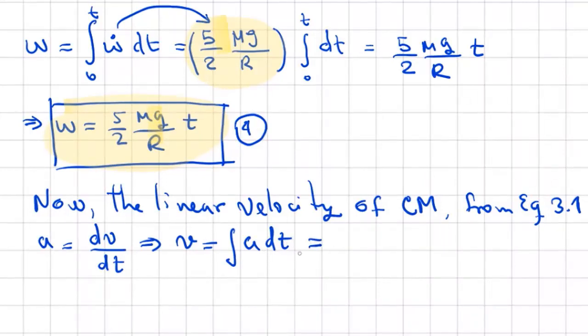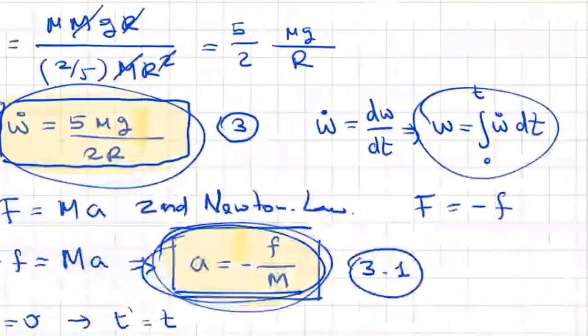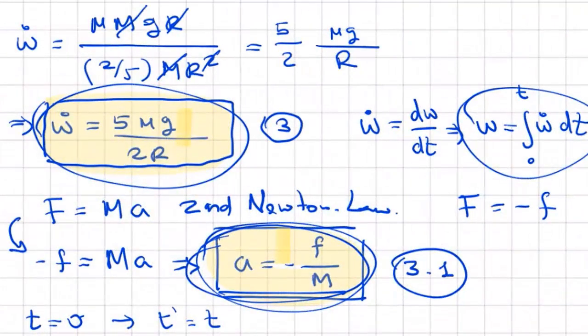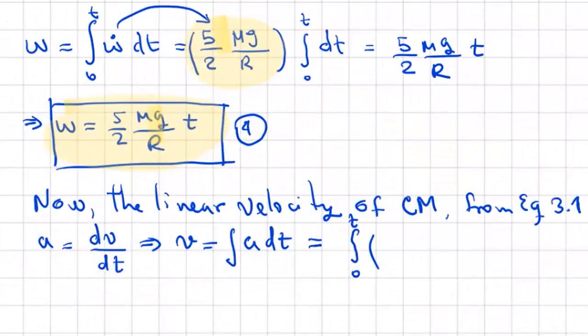Then we have the integral from 0 to t of the acceleration, where the acceleration for us was minus f dividing m, dt. We are starting the acceleration from t equals 0.